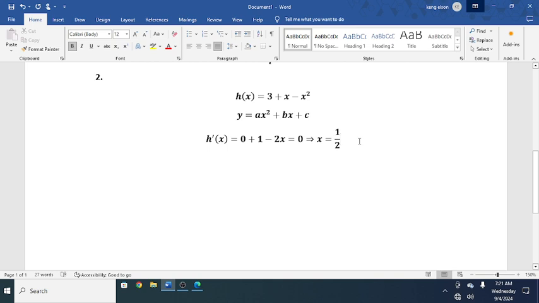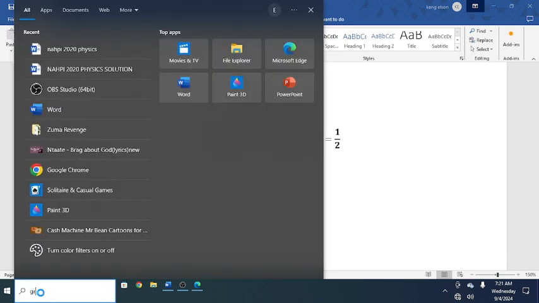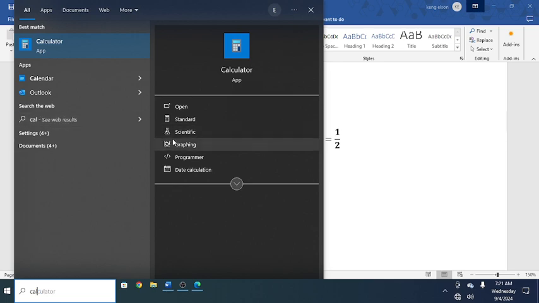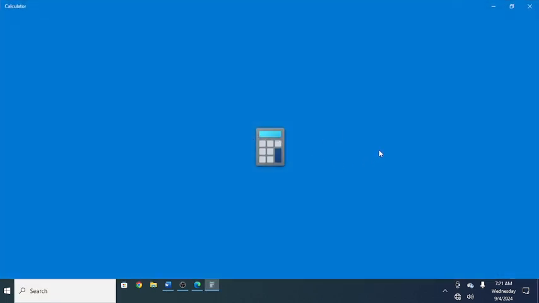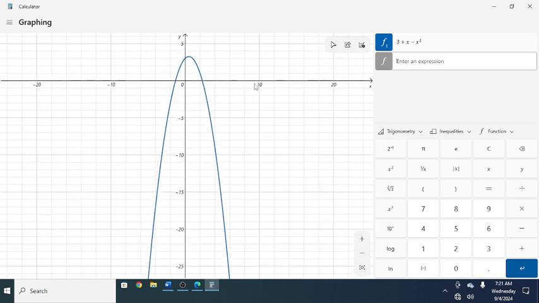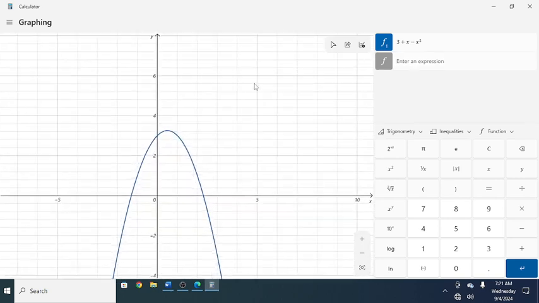All right, so let me try to sketch and really clearly show you guys what I'm talking about. So we are going to sketch 3 plus x minus x squared. Voila. So here is a quadratic, 3 plus x minus x squared.